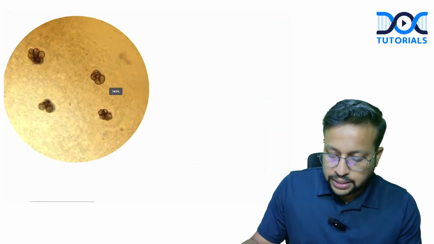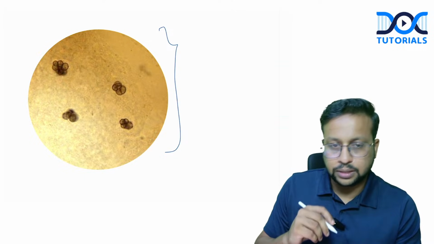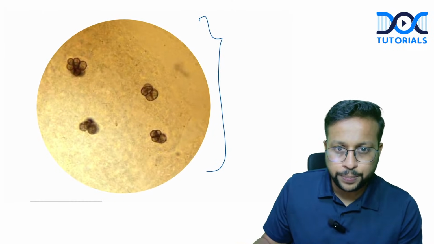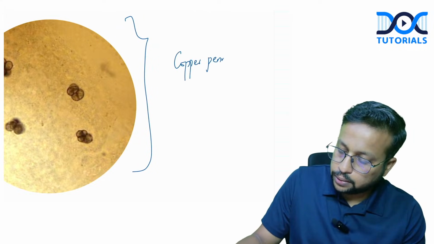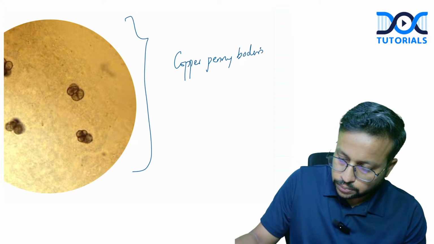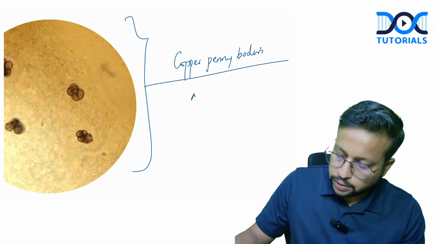Now, the final image, sometimes what you can get in fungal infection is this brown lesion looking like a copper coin. They are called copper penny bodies. They are also called medlar bodies.